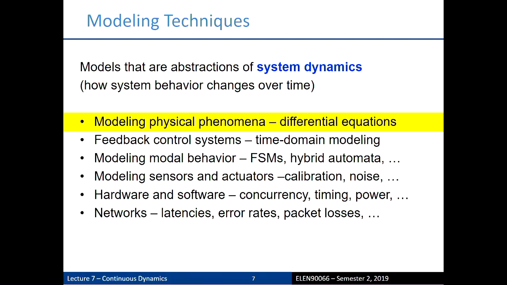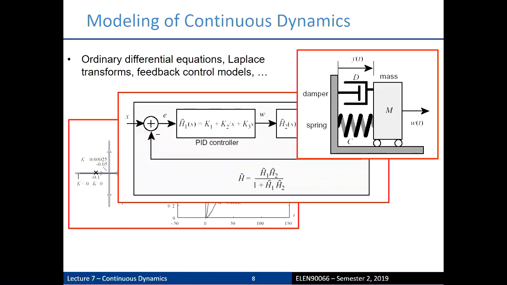Okay, that's a hybrid system. Modelling sensors, hardware and software, so issues with concurrency and networks and all that sort of stuff. Our focus will be modelling the physical phenomena in a new way, and that's going to lead into something completely new to you, modelling modal behaviour over the next couple of weeks. Okay, so as I said, I'm not going to go on about it too much.